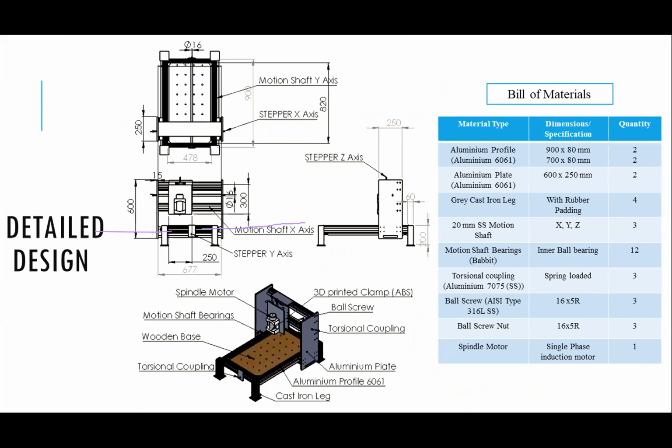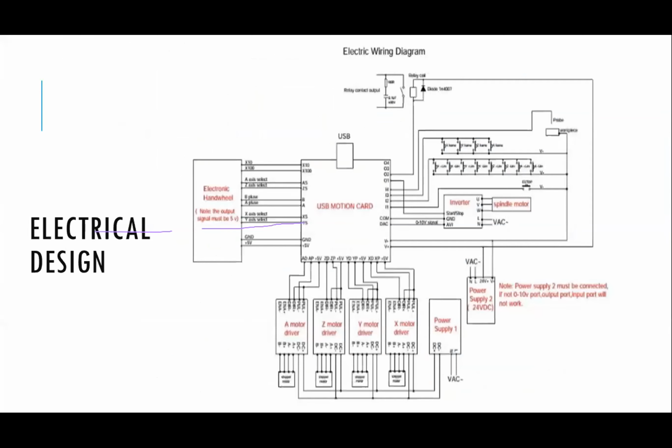Once the material selection is made, we have finalized the materials that are to be used, and based on all these things, we have made a detailed design of the structure. With this detailed design, mechanically we have made it. Now we need to make the electrical design.